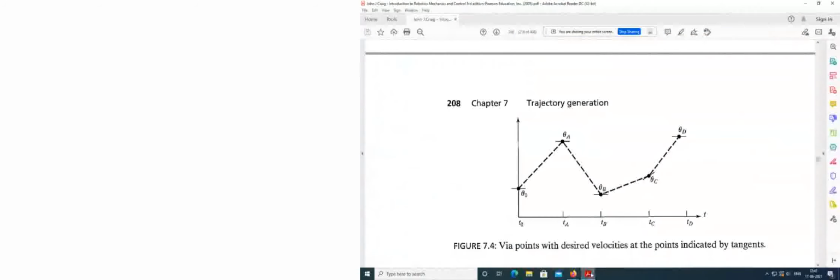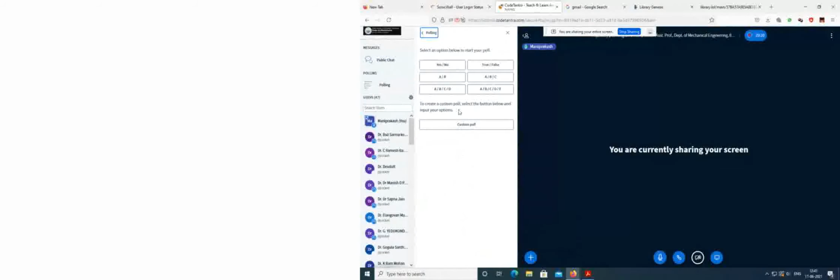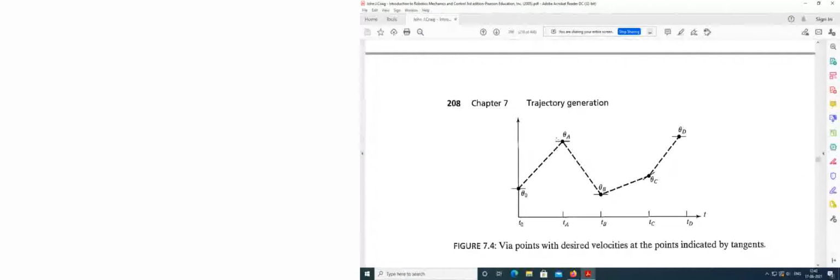Okay, so why don't we make a poll? How many of you are saying the velocity has to be 0? If you think the velocity has to be 0 at via points, say yes. So at this point, whether the velocity has to be 0. These are just via points.